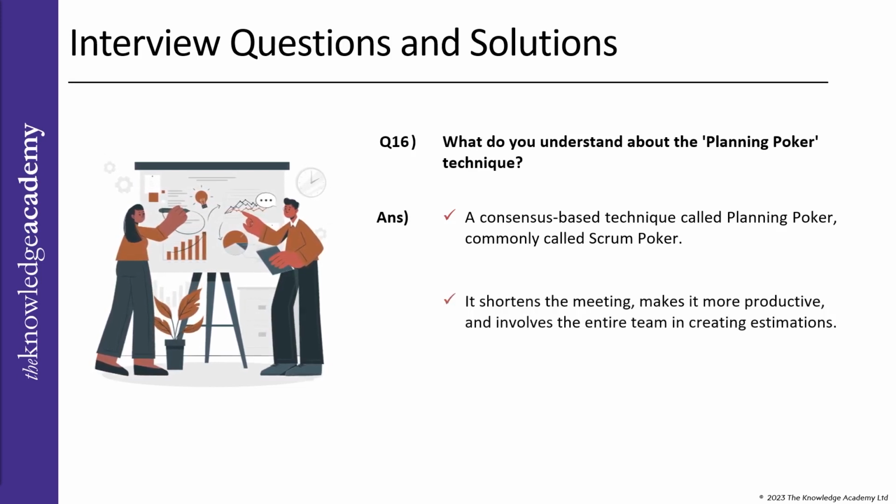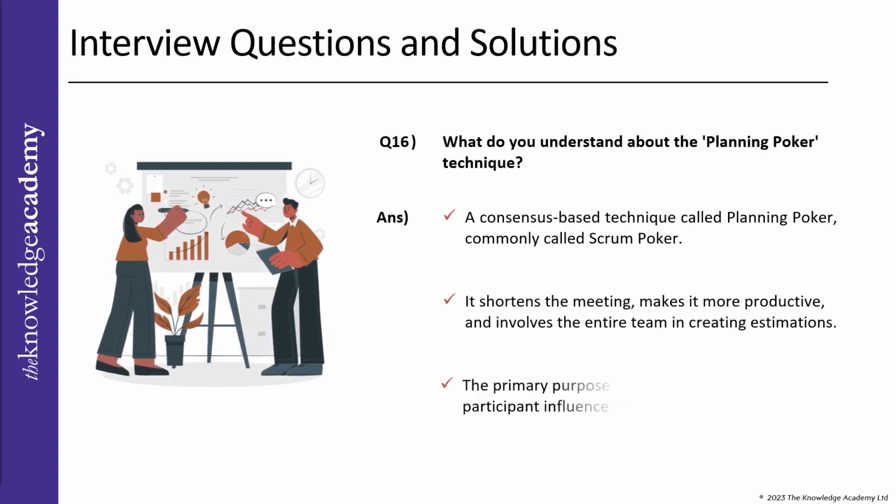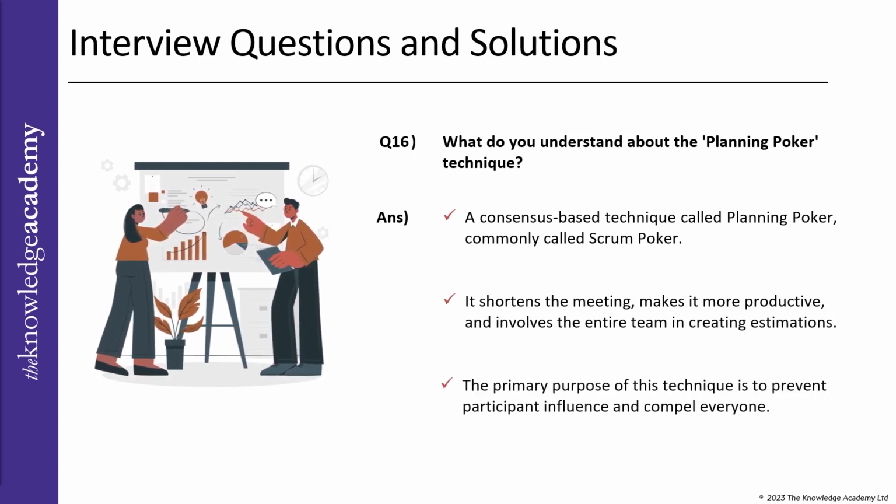It shortens the meeting, makes it more productive, and involves the entire team in creating estimations. The primary purpose of this technique is to prevent participant influence and compel everyone to think for themselves and express their opinions.